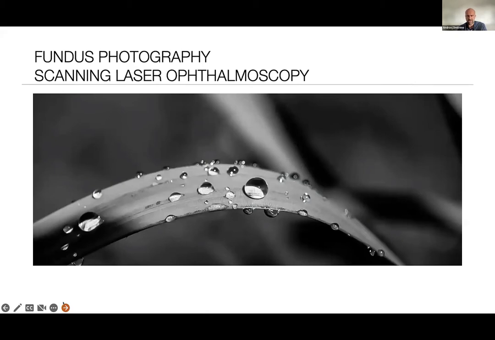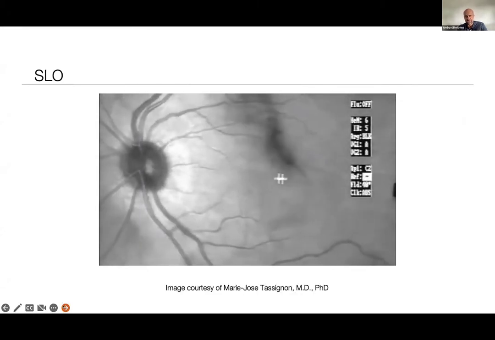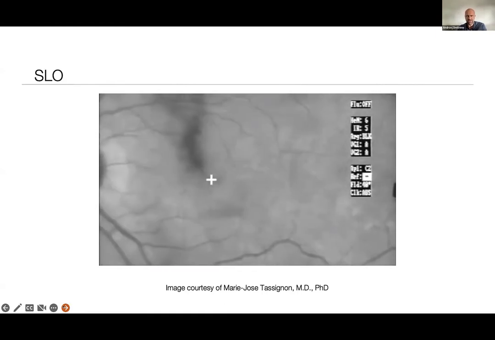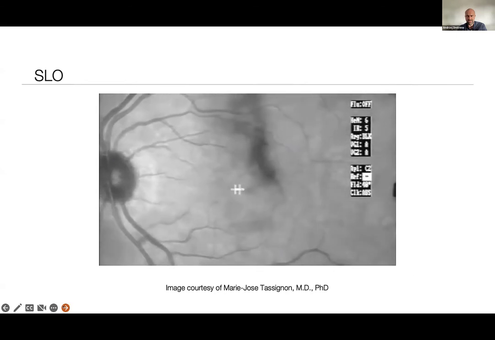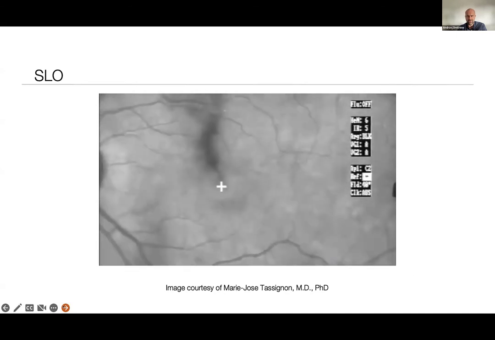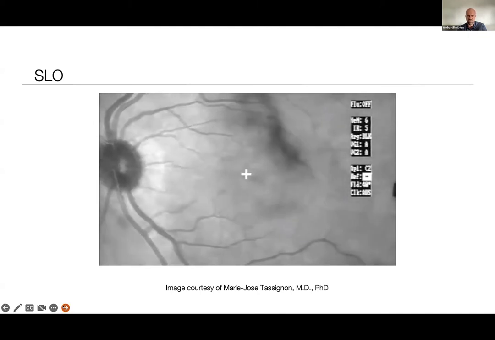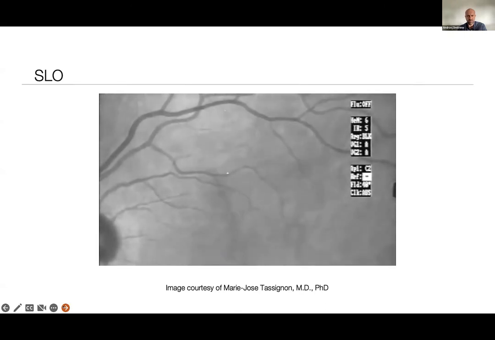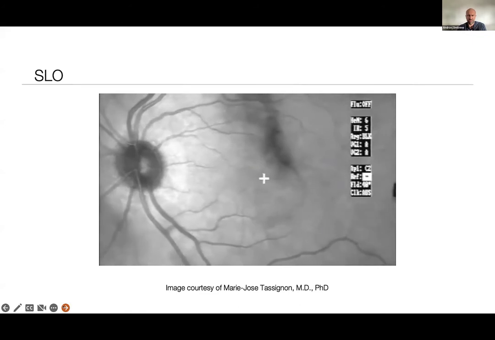I guess wide field imaging and scanning laser ophthalmoscopy are two methods which help us a lot. And please treat this video as a tribute to Professor Tassignon, who is the president of the society, and her efforts to find reasonable diagnostic and treatment options for patients are always honored and appreciated by both our society and doctors around the world.